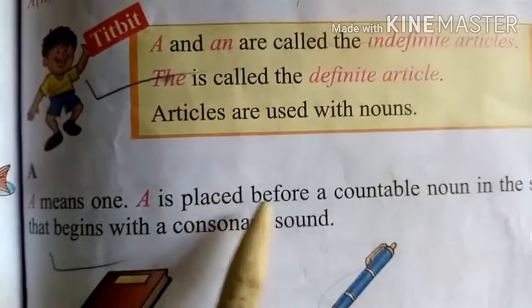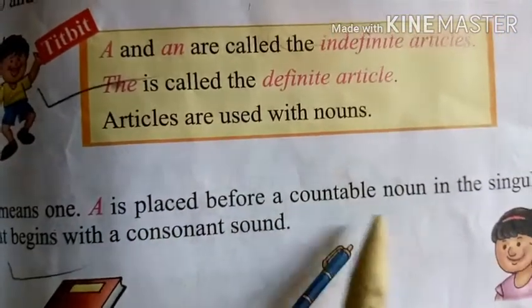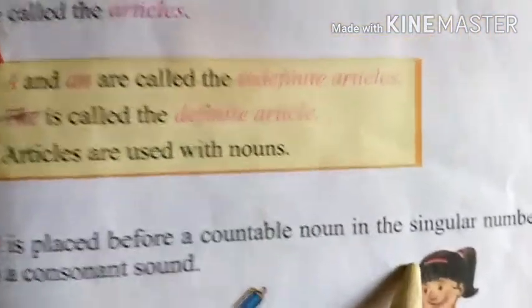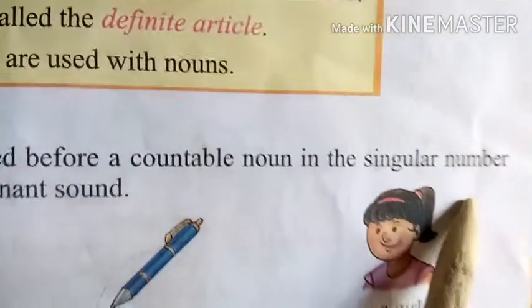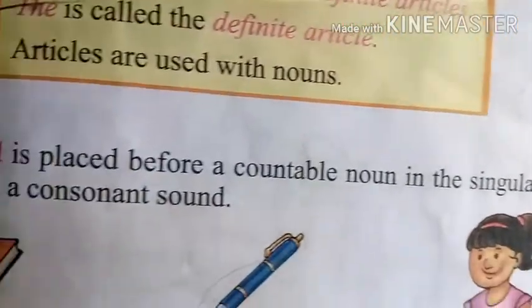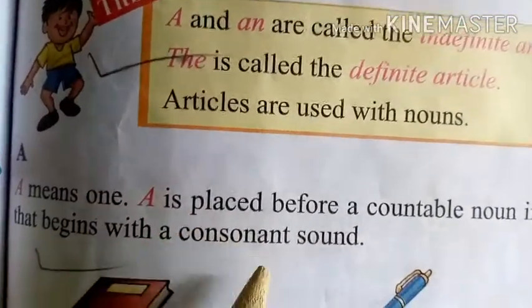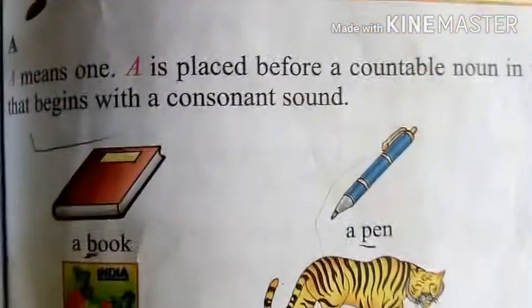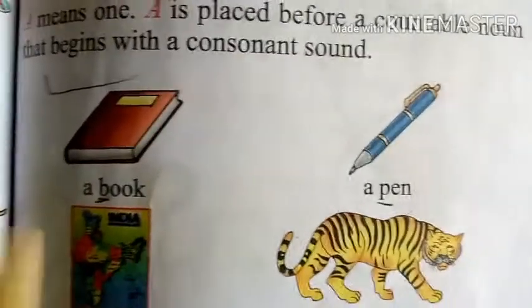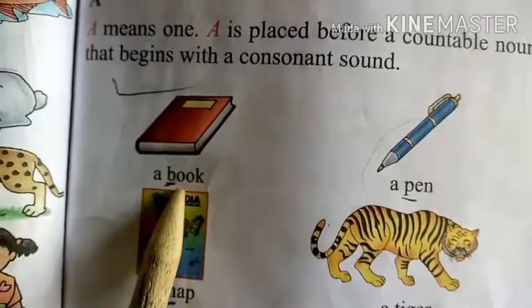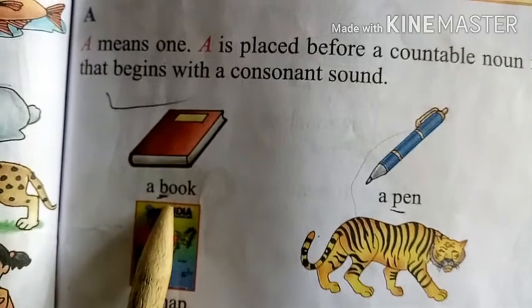A is placed before a countable noun in the singular number that begins with a consonant sound. You see here, student, a book. B is a consonant sound.